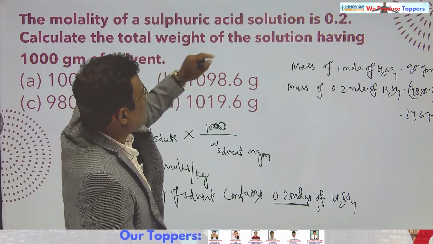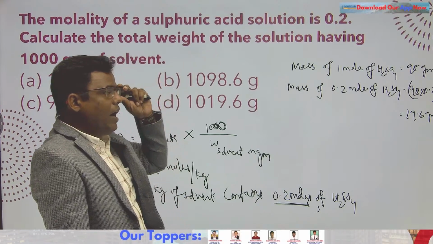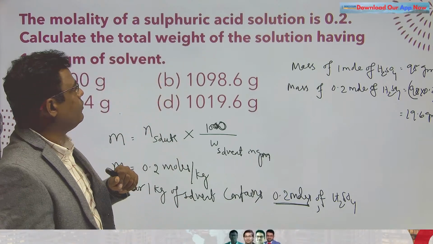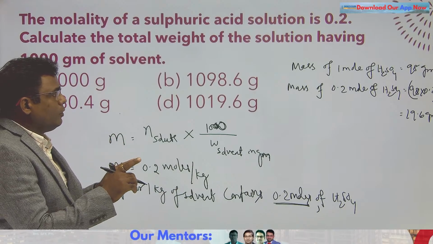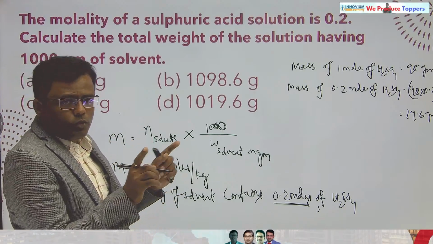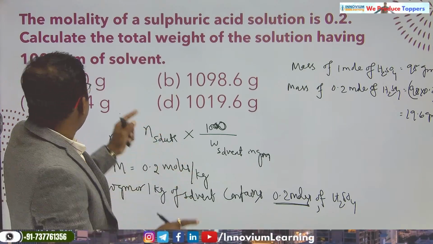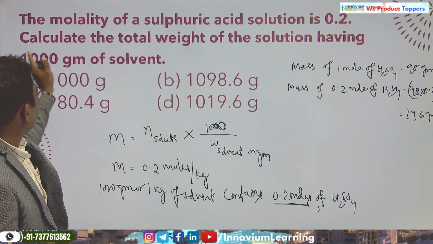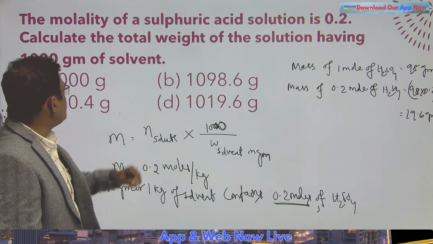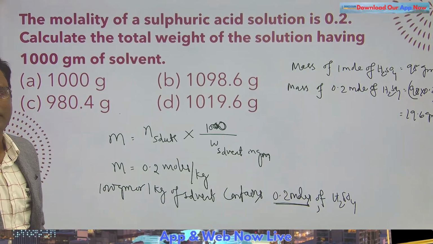So in this question, what is given? Calculate the total weight of the solution. Means you will have to find out the total weight of the solution, the mass of solute along with the mass of solvent together, in that solution where the solvent is present by 1000 gram mass.